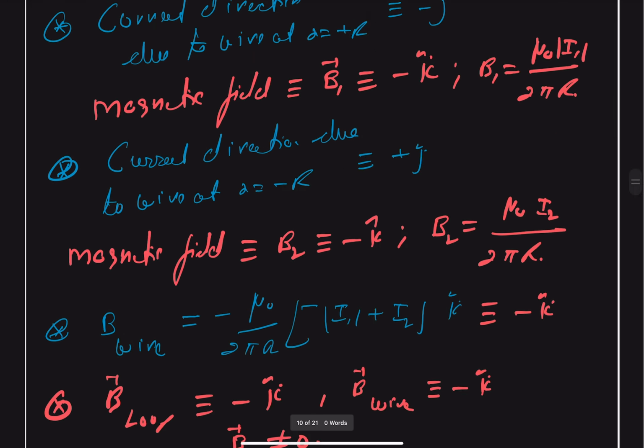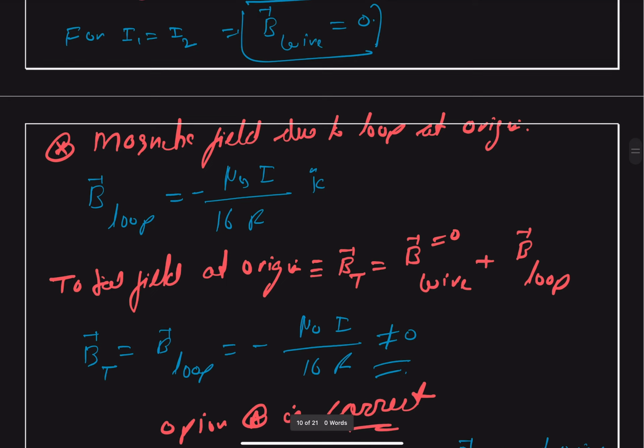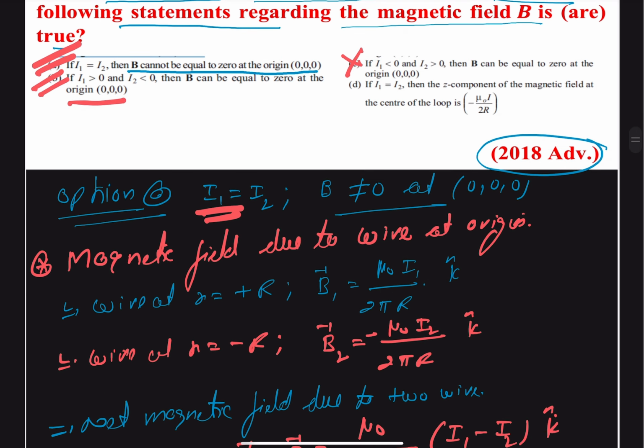And in option D, it states that if I1 is equal to I2, then the Z component of the magnetic field at the center of the loop is minus mu naught I upon 2R.